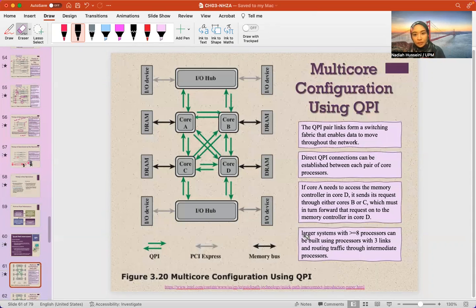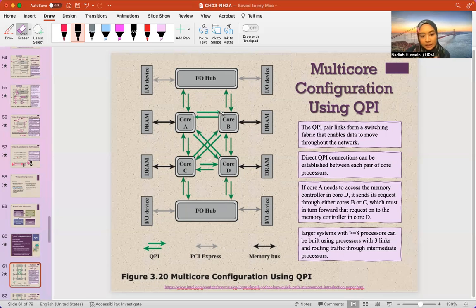Okay. So this is a multi-core configuration using QPI. Let's talk about this diagram first. You see that we have 4 cores over here, core A, B, C, and D. The cores have pair connections.